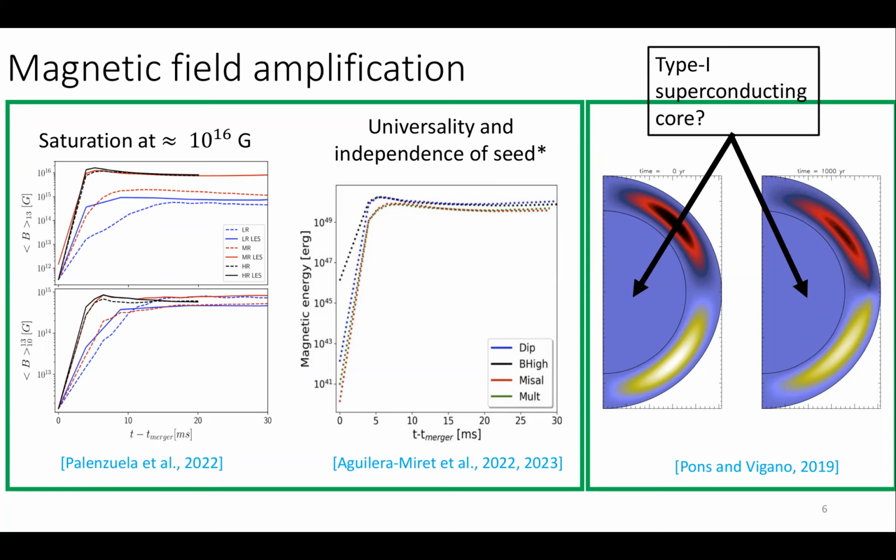at some point, the core cools down and protons become superconducting. And if the core is really a type 1 superconducting core, magnetic field lines in the core might be expelled on very short timescales compared to the evolution timescale of the single neutron star, such that eventually the core becomes unmagnetized.